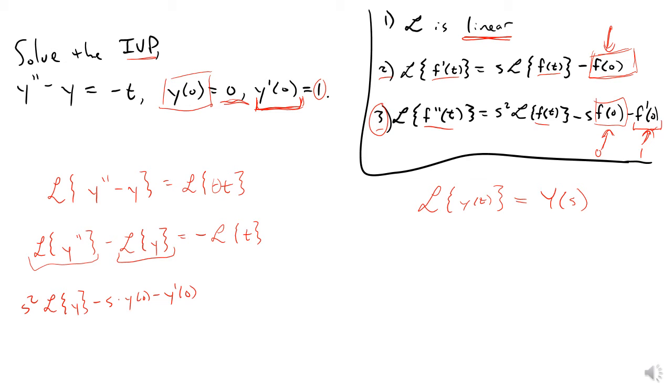Okay, that's the Laplace transform of y double prime. And I'll go ahead and rewrite everything else just like it was. I had the Laplace transform of y equals negative Laplace transform of t.